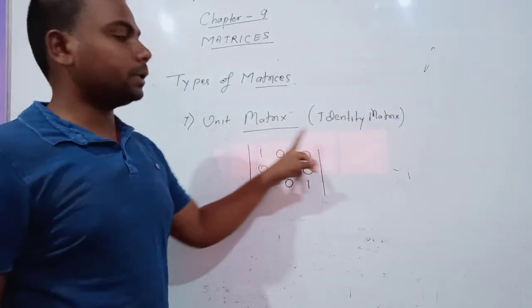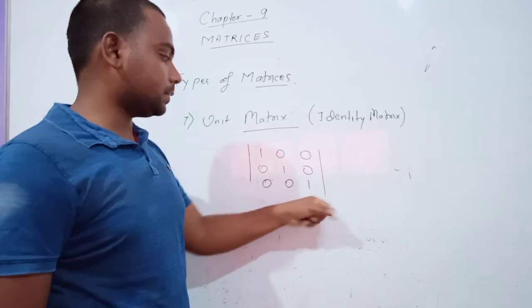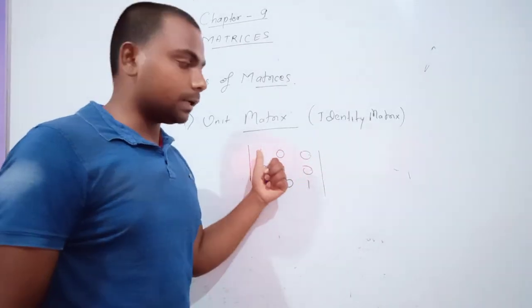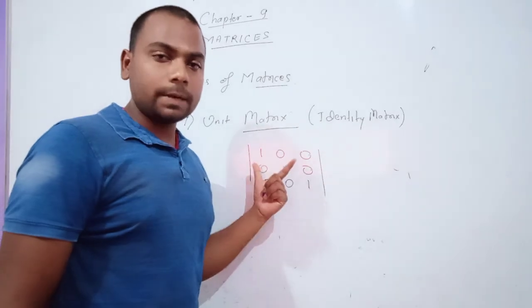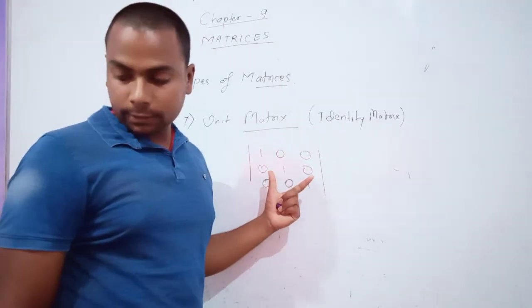Unit matrix is also considered as identity matrix. If in the diagonal the values are 1, then it is considered as a unit matrix, also known as identity matrix.